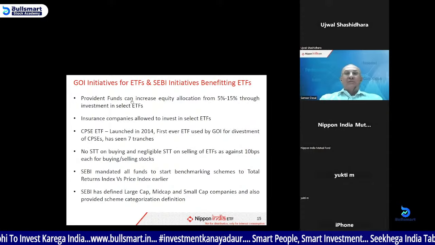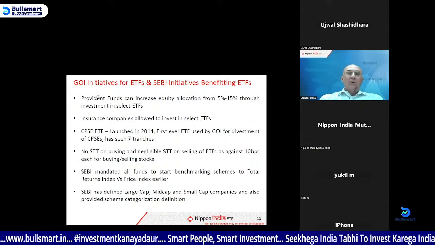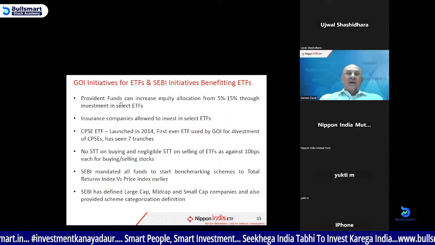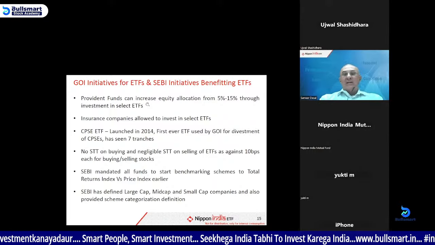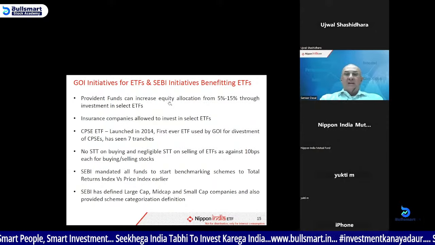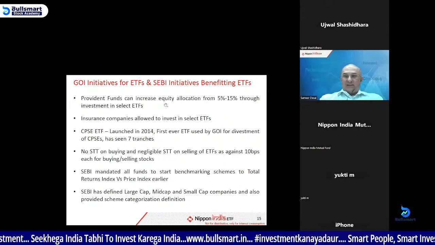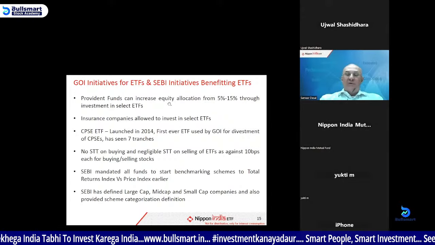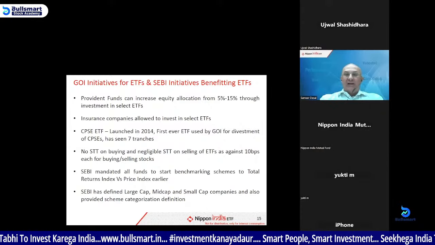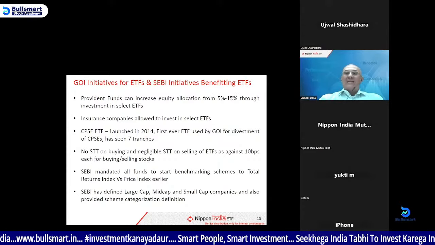So these are some of the catalysts in ETF growth in India. The government of India has been a major catalyst. In fact, provident funds, as per the government directive in 2015, were asked to take exposure to equities. Their incremental inflows, as per the finance ministry mandate, should have a minimum of 5% in equities, up to a maximum of 15%.